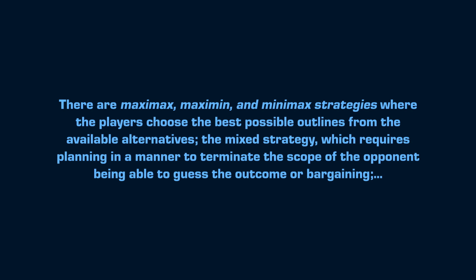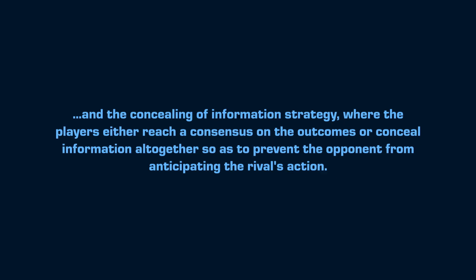The mixed strategy requires planning in a manner to terminate the scope of the opponent being able to guess the outcome. Then there is bargaining and the concealing of information strategy, where the players either reach a consensus on the outcomes or conceal information altogether so as to prevent the opponent from anticipating the rival's action.